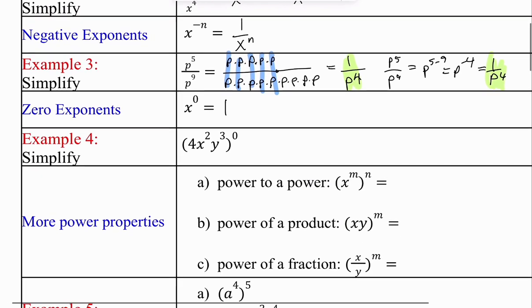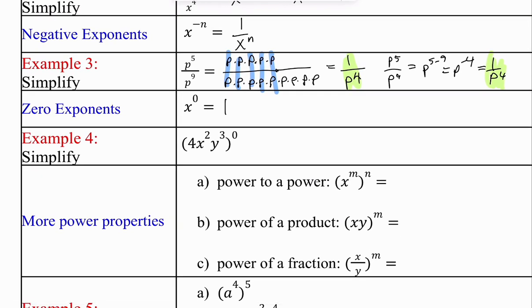So in example 4, we have this whole thing to the 0 power. So that whole thing becomes 1. Now, if we had just something on the outside and something on the inside to a 0 power, the inside thing becomes a 1, but the outside thing does not.